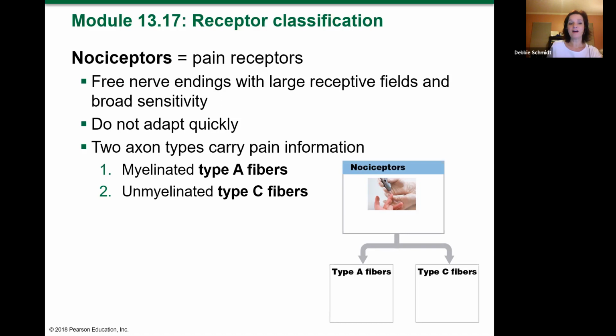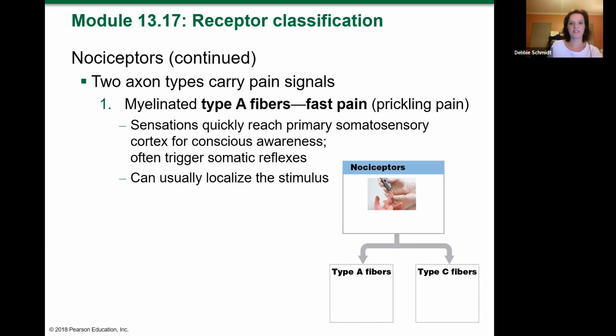Type A fibers are myelinated, okay? And type C fibers are unmyelinated. If you recall from our study of the neuron, myelinated axons are faster and unmyelinated axons are slower in their transduction of signal. So it should make sense that type A fibers are associated with fast pain.